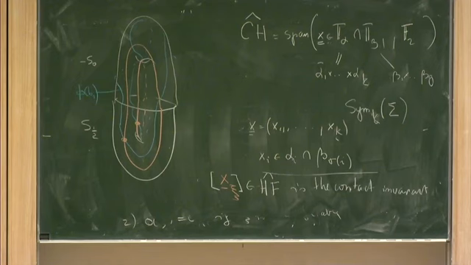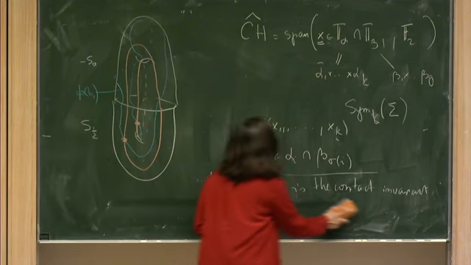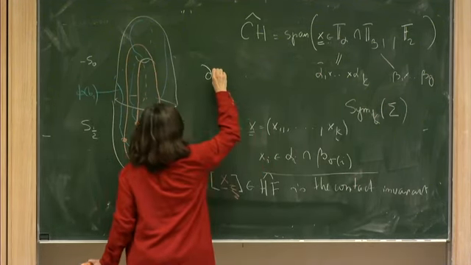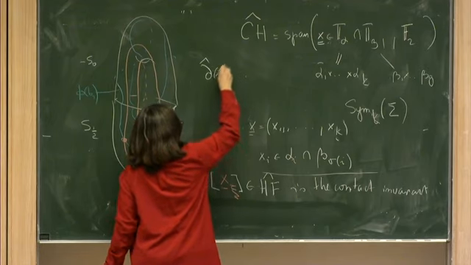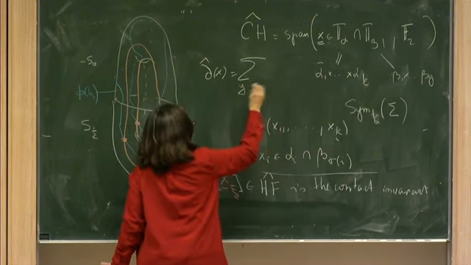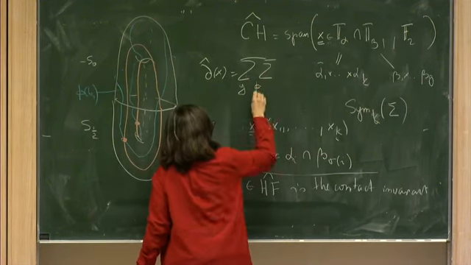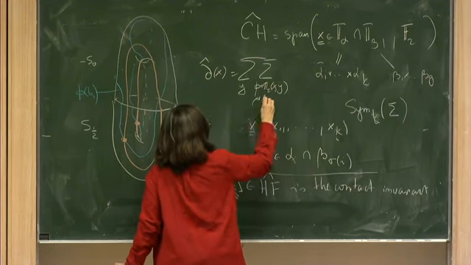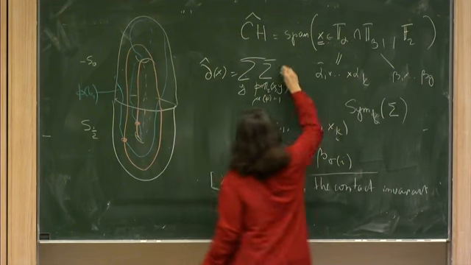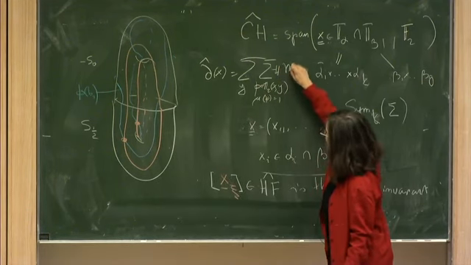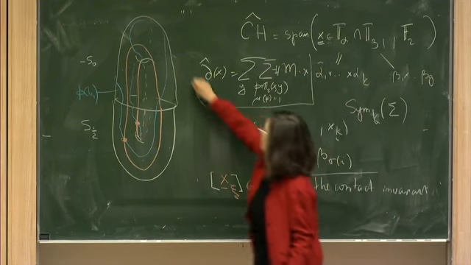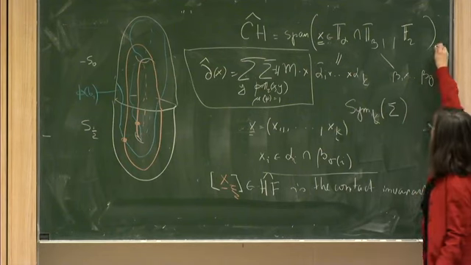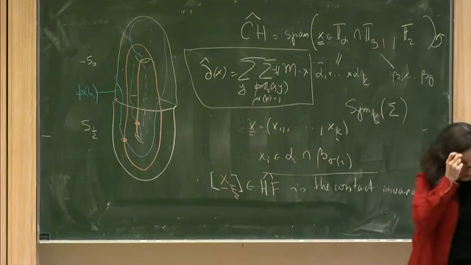Okay, so I only said what the chains are. I didn't say what the boundary maps are. And the boundary maps come from this: the boundary of some x is a sum over all y's and over all homotopy classes from x to y with a certain index condition, and we count some number of points in a moduli space and then multiply by y, and we use that to define the boundary operator.